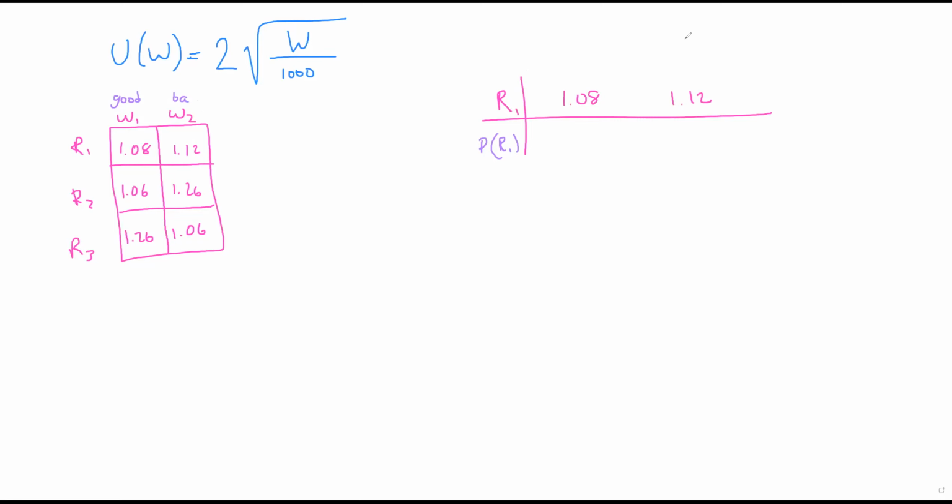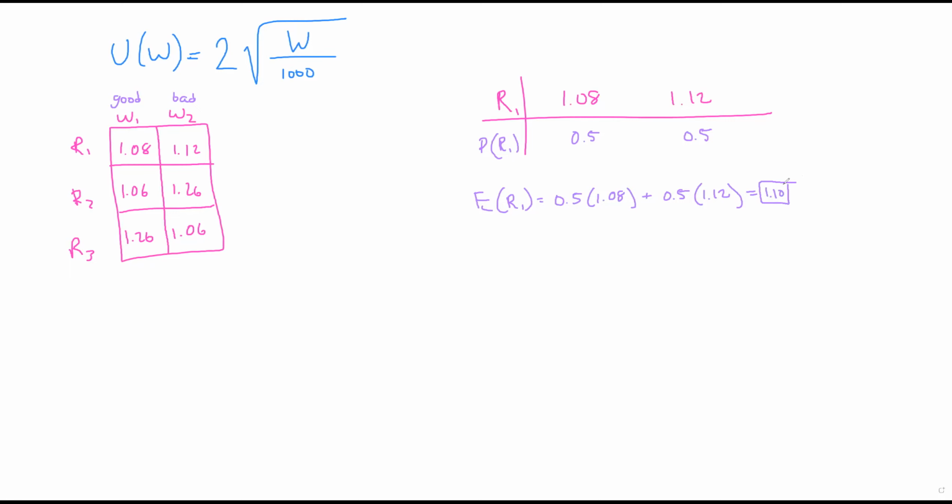So let's just call them good or bad. There's a 50% chance here, 50% chance here. So the expected value of R1 is very easy to calculate. You just take 50% of the first and 50% of the second, and you get 1.10. Cool, that was super easy.